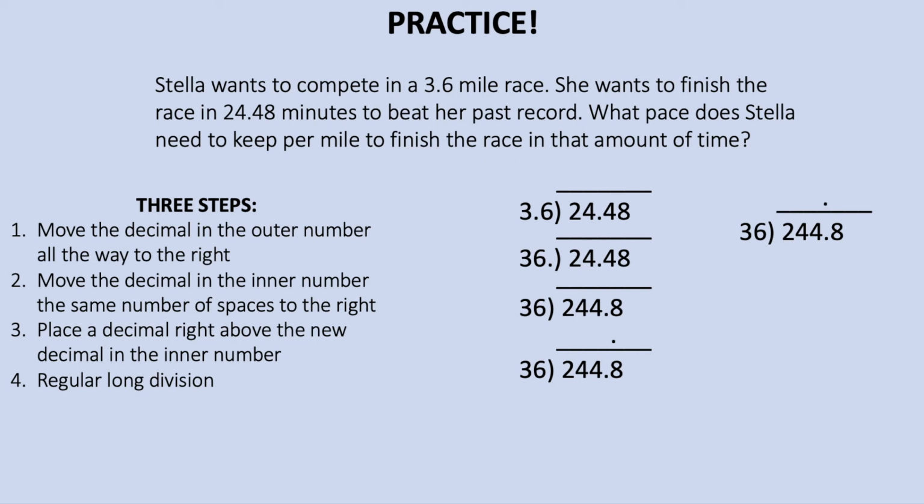So in this problem, we look at the outer number 36, and that can't go into 2 because it's bigger than it. And it can't go into 24 because 36 is bigger than 24. So then you have to think about how many times 36 can go into 244. And when I think about this, I think about how 30 times 6 is 180. And that is kind of far away from 244.